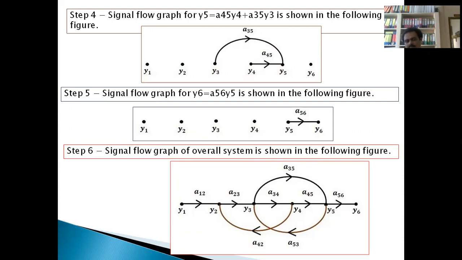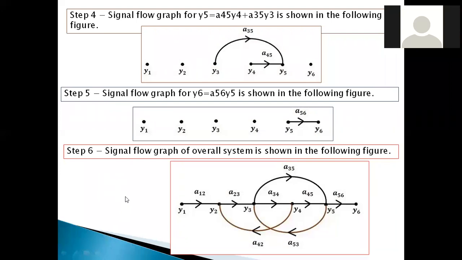Simplified form. The signal is flowing from Y1 to Y6. So we can remember all these terminologies: branch gains, loops, forward paths. Everything can be seen in this overall signal flow graph, the signal flow graph for the entire system. Okay.